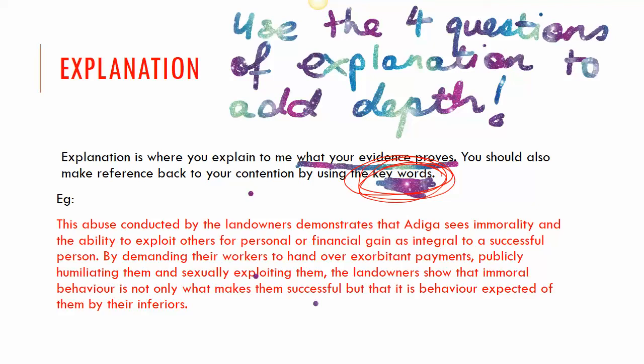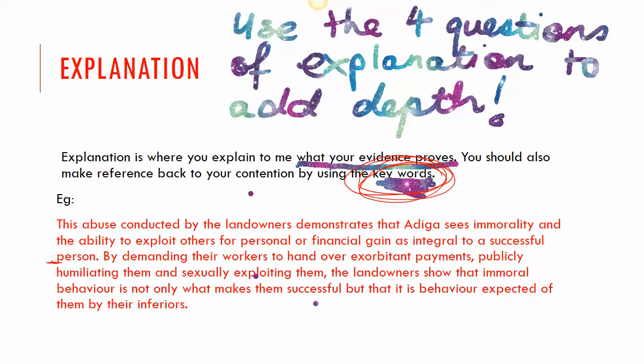Now, a lot of people would stop there, but you haven't given true justice to the significance of your particular piece of evidence. Which you want to do, because the more depth you give in your explanations, the better your evidence works, the more likely you're going to score well. So, I've gone further.